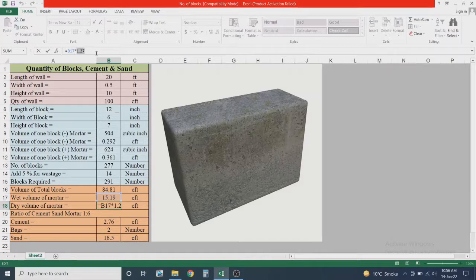This 1.27 factor, when multiplied with the wet volume of the mortar, will convert it into the dry volume of the mortar, because for block masonry we are using 1.27 as the factor.